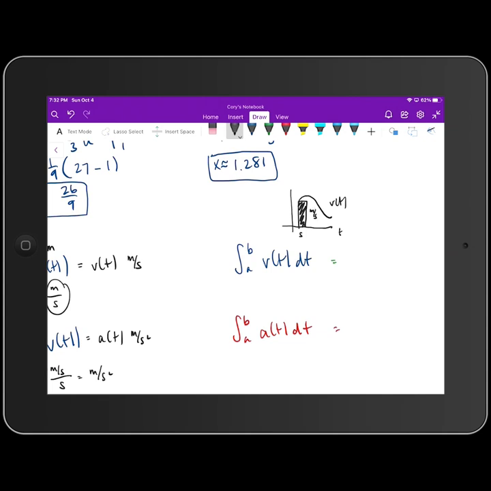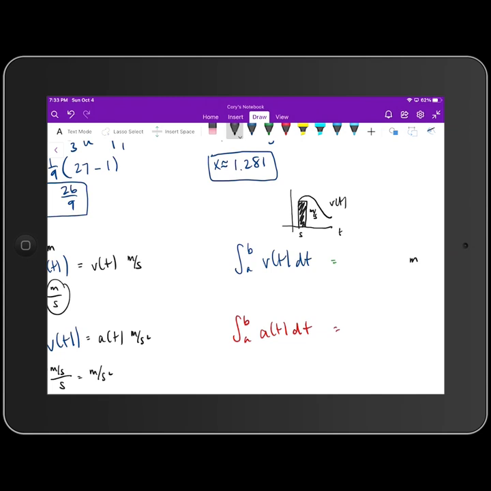So when we find area between the velocity function and the t-axis, the resulting unit is going to be seconds times meters per second, which is going to give us a resulting unit which is written in terms of meters.